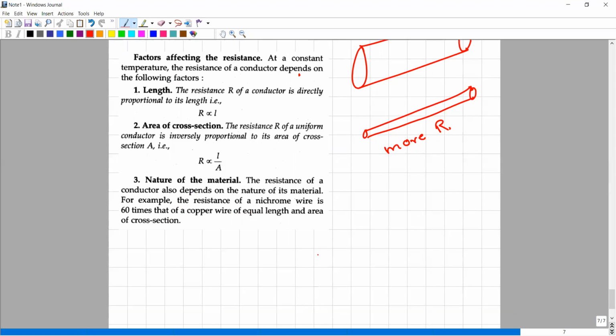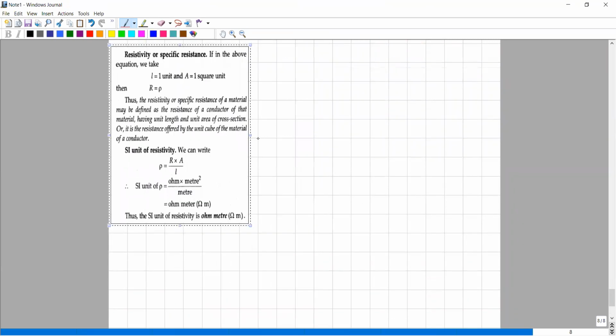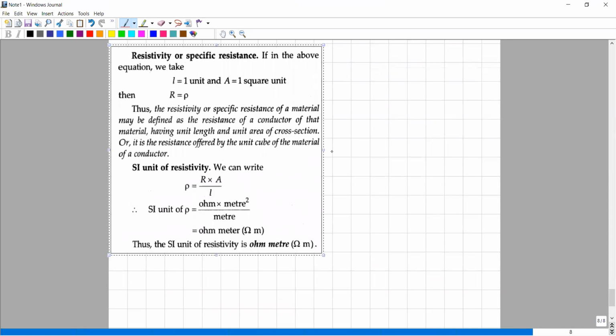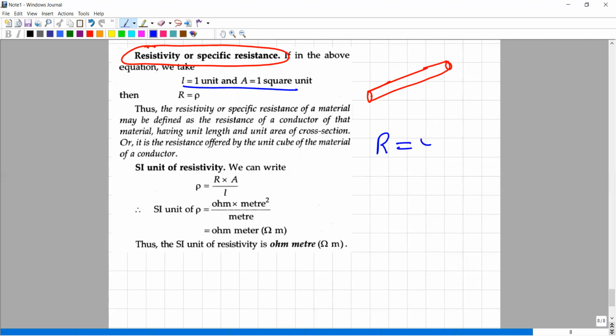Now, combining these three, you will get the value of resistance in terms of length, area, and this value here, resistivity or specific resistance. So if you consider a conductor of unit length, let's say 1 meter, and unit cross section area, 1 meter square, then resistance is equal to the resistivity.